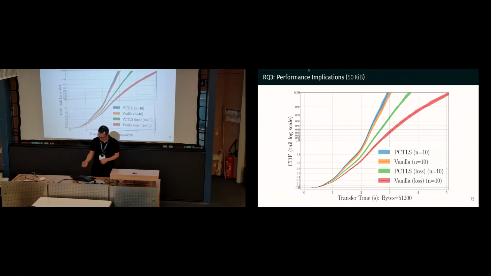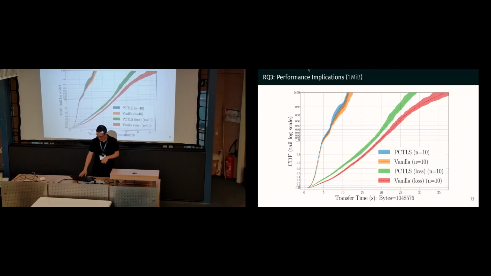And as you can see here, here's the transfer time for 50 kilobytes. In the normal case, there's not much difference for the first scenario, the blue and the orange line. But for the green and the red, where packet loss occurs, there's a significant difference in performance.